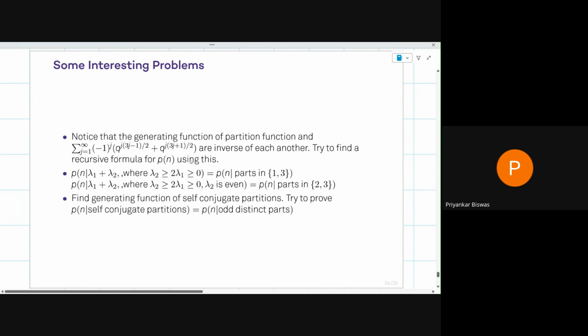Try to find a recursive formula for the partition function using this, and then try to prove these two identities where these conditions hold. Here you can use generating functions and try to find a generating function of self-conjugate partitions, and then try to prove this theorem.